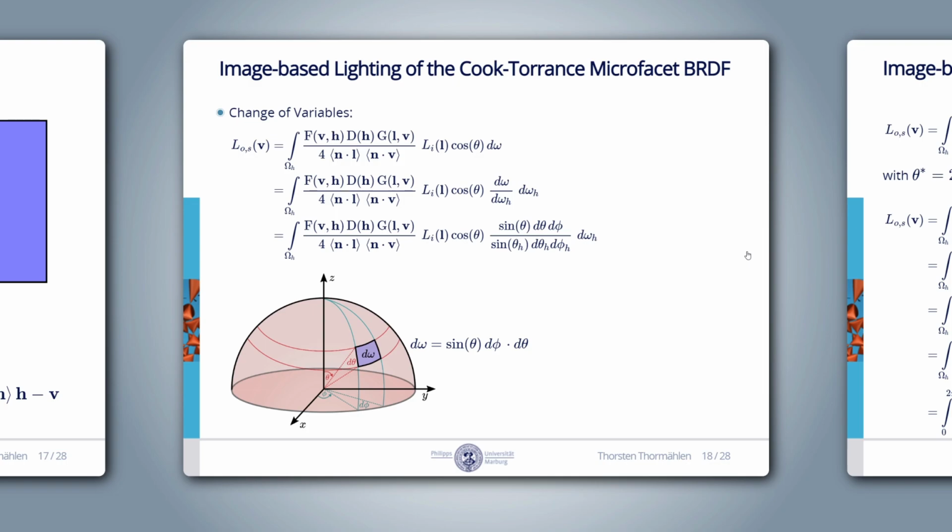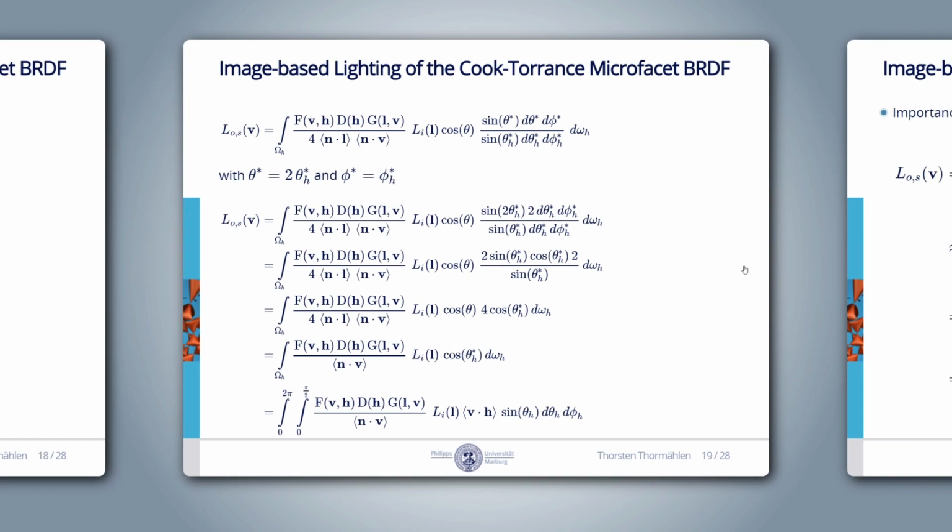Because of this simple relation, the computation of the derivative d omega with respect to d omega h is performed in the special spherical coordinate system in which the view direction is the z-axis. The star superscript indicates that we are referring to these special spherical coordinates. The relation is simple.